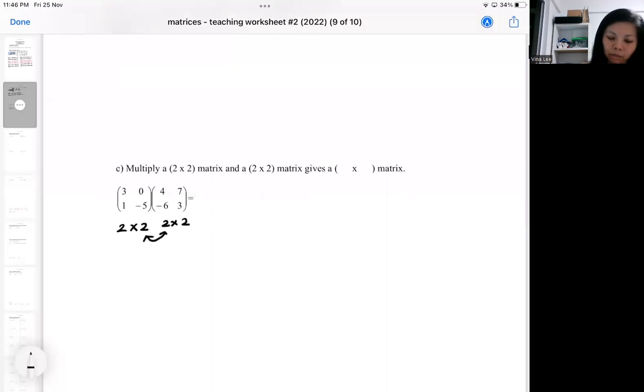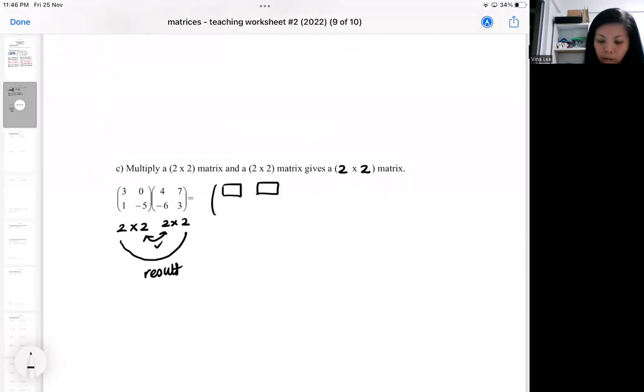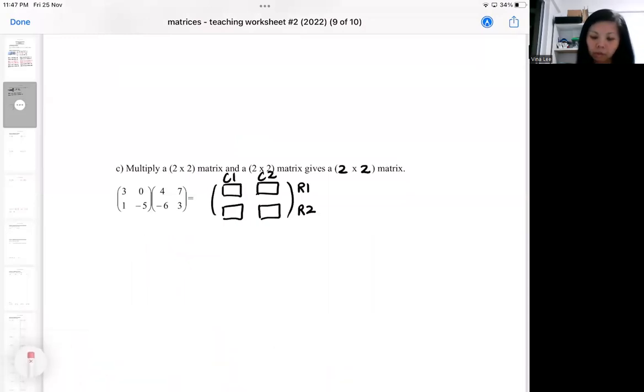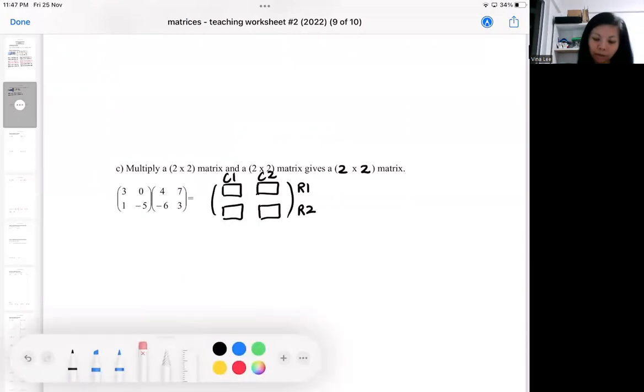So the condition is met, and this is the result. So it gave you a 2 times 2 matrix. It will still be the same thing.